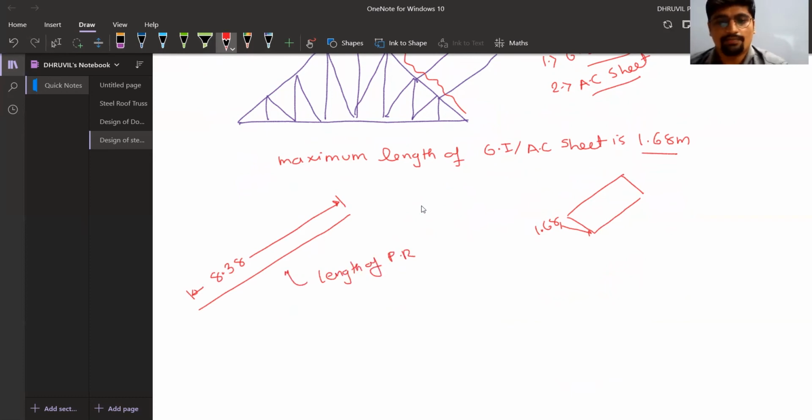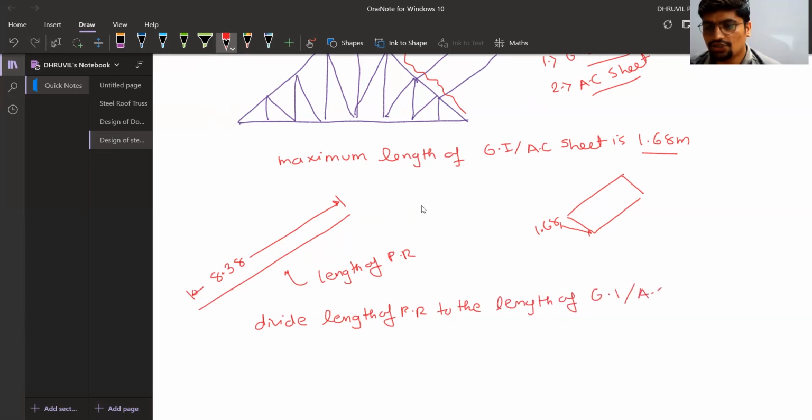Let's divide 8.38 by 1.68 meter, so we will get the number of panels. Divide the length of PR by the length of GI as well as AC sheet.